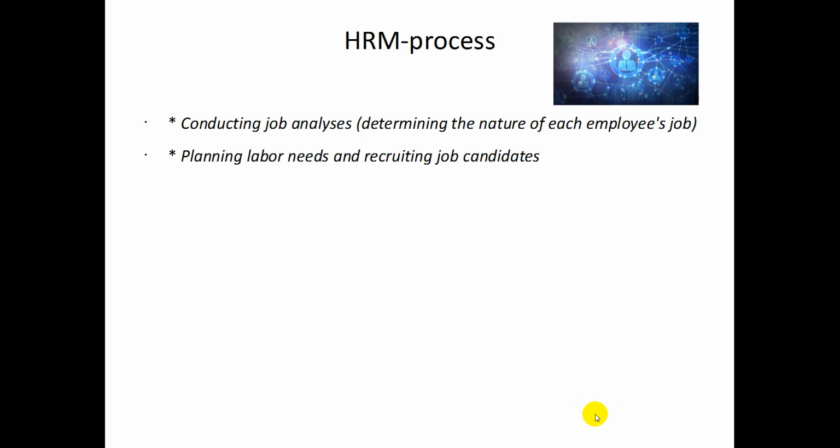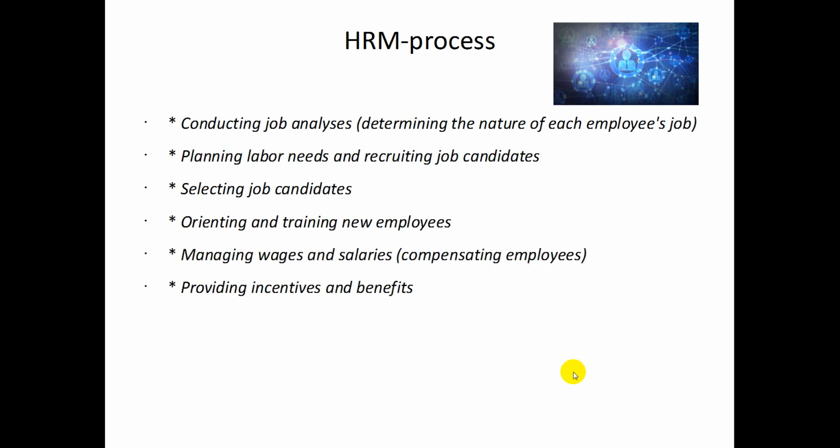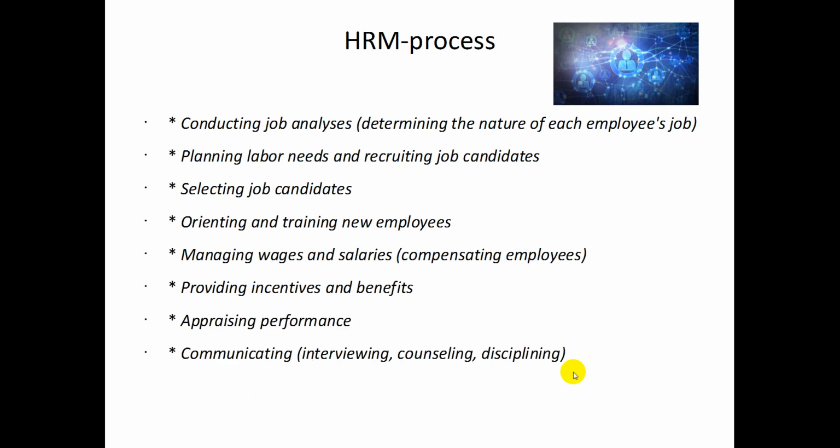Then the human resource process includes planning labor needs and recruiting job candidates, selecting job candidates, orienting and training new employees, managing wages and salaries, this is compensating employees or rewarding or remunerating, providing incentives and benefits, appraising performance, and communicating through interviewing, counseling, and disciplining.